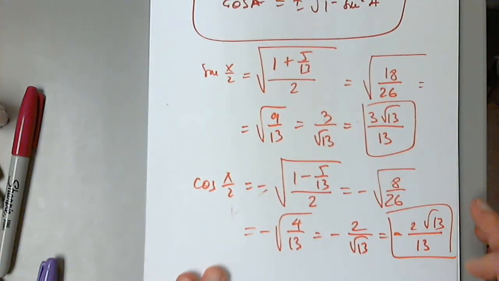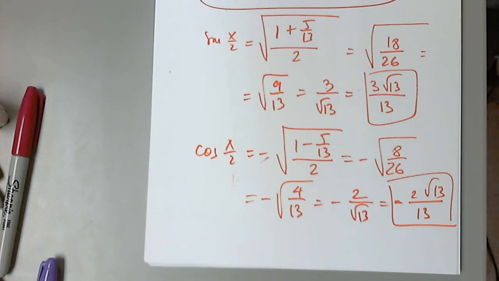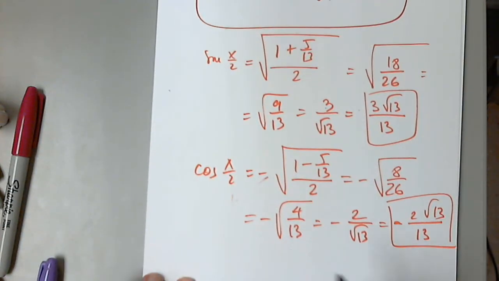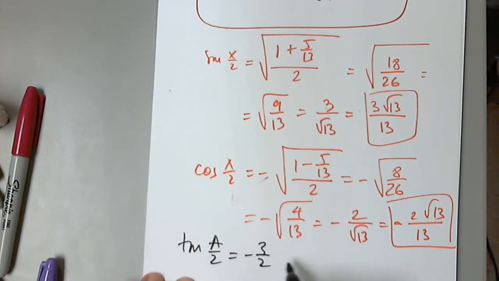So once I have sine and cosine, all I care about now is finding tangent, and I don't need the formula once I have these two. So these two will go away and will be negative 3 over 2. So tangent a over 2 will be negative 3 over 2. Any questions?